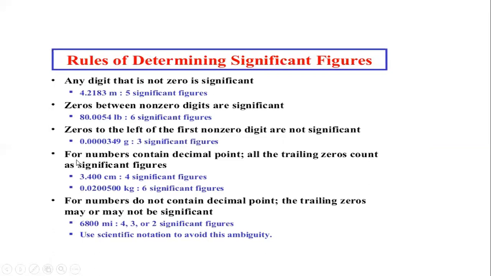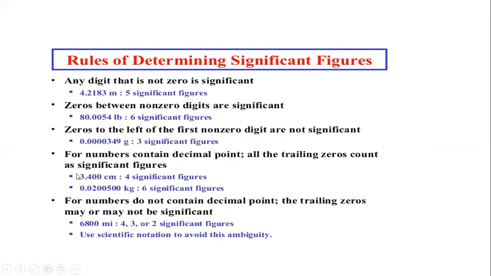Rule number 4. For numbers containing a decimal point, all the trailing zeros count as significant figures. 3.400 has four significant figures. Why do we term it as four significant figures?